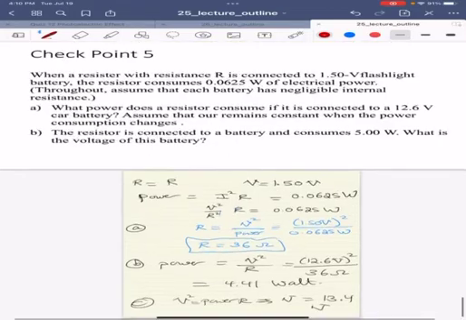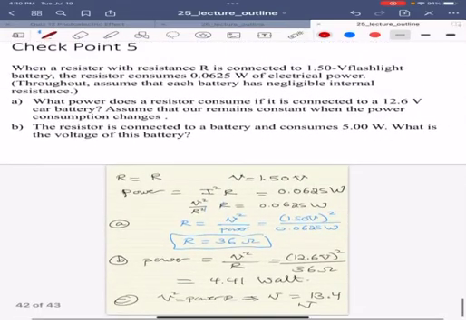For the power, I can use I squared times R, and I can derive the other form, V squared over R, equals 0.0625 watts. From that, I can calculate the value of my resistor, which is 36 ohms.